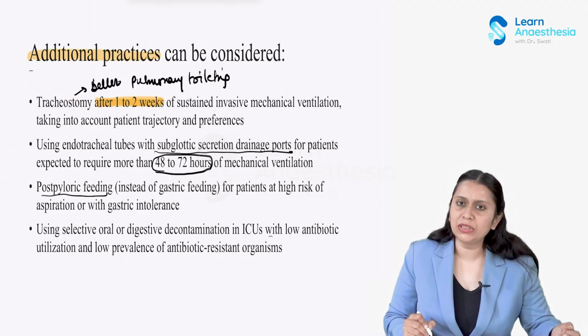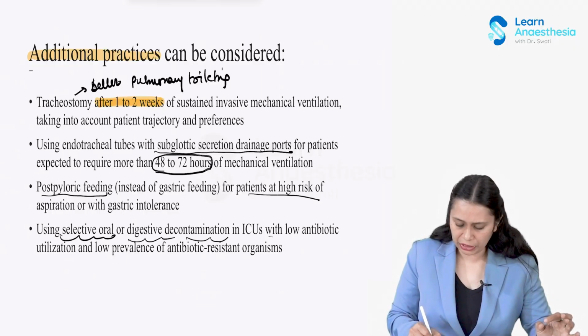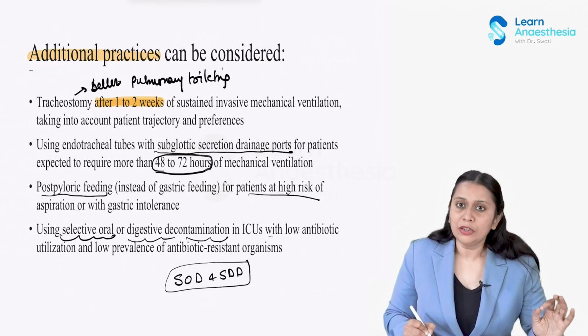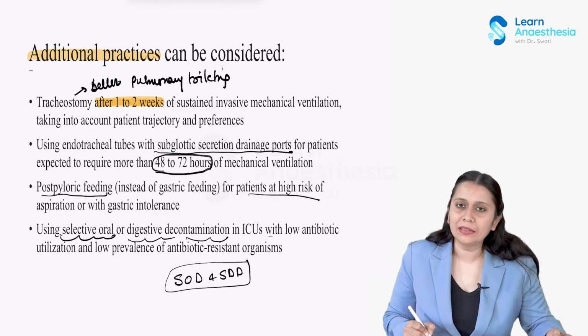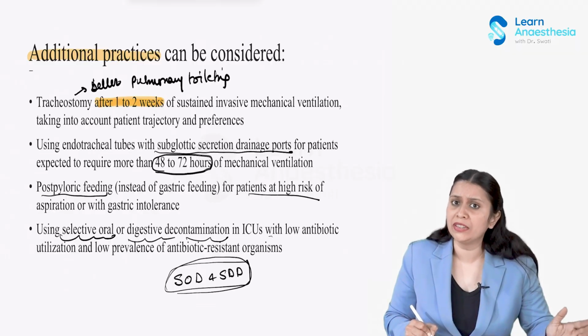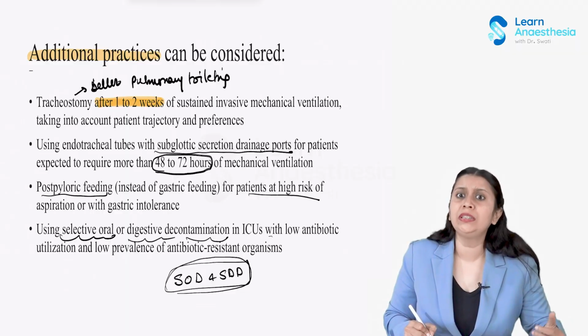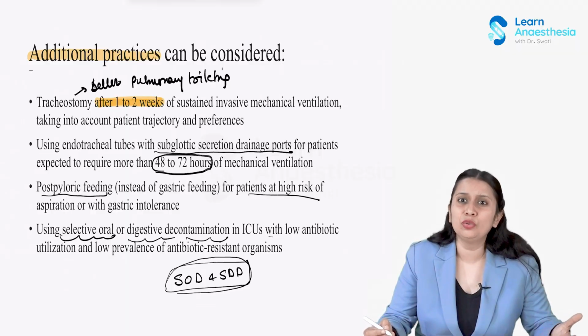Post-pyloric feeding in patient with high risk of aspiration and use of selective oral or digestive decontamination in ICU. So selective oral decontamination and selective digestive decontamination should be selected for those ICU where there is low antibiotic use and less risk of multi-drug resistant microorganism, because use of selective oral decontamination and selective digestive decontamination has shown to increase the antibiotic resistance in those ICU where there is a high use of antibiotics.